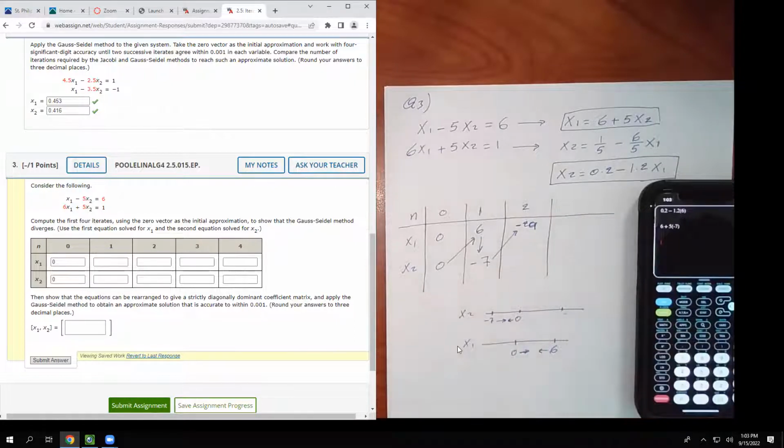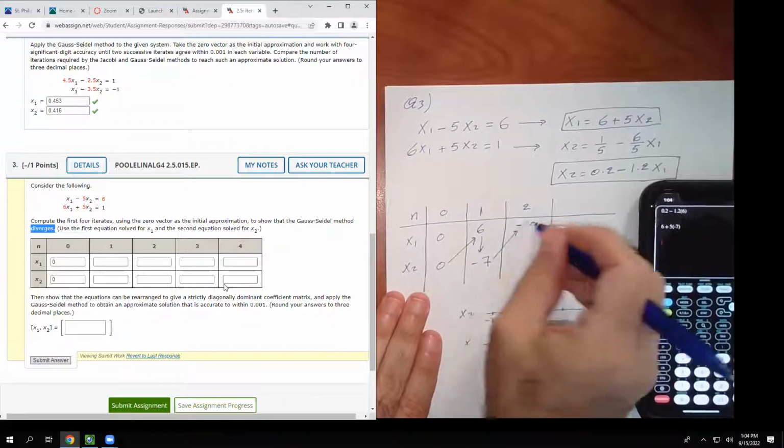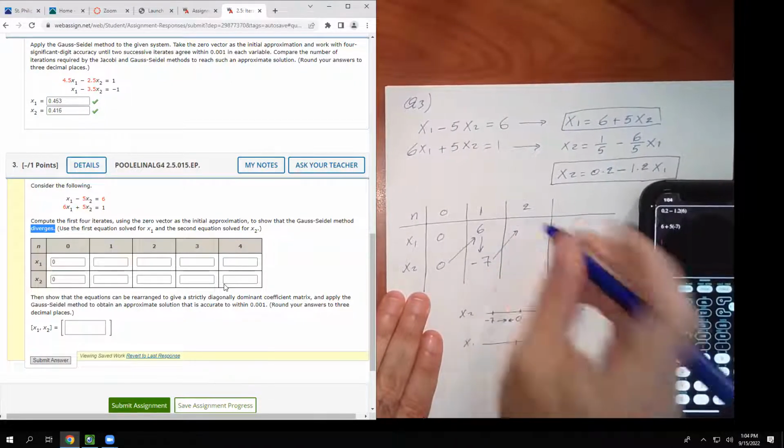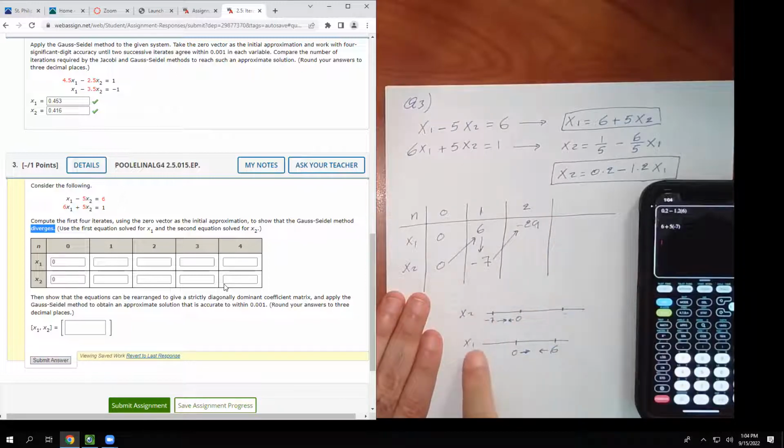So this one is not convergent, it's divergent, as they mentioned here. Diverge. That means we're going to go to the opposite side. So negative 29, which is x1, is going to be on this side.